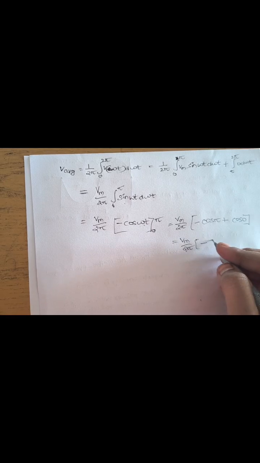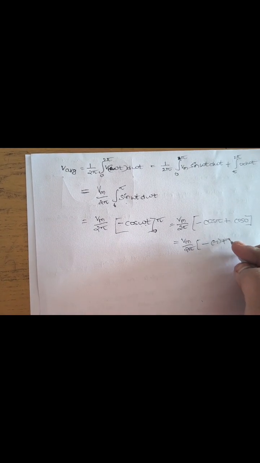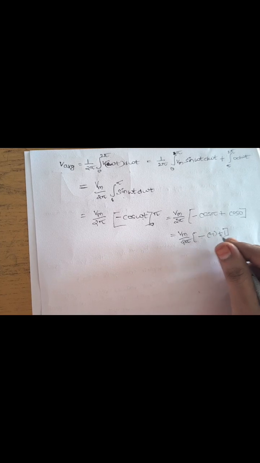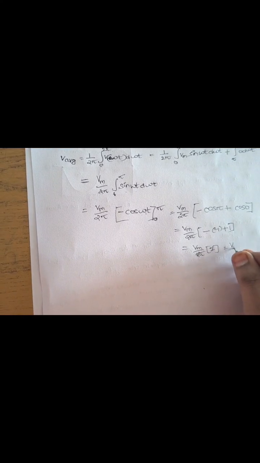Cos pi is minus 1 and cos 0 is 1, so minus into minus plus 1 plus 1 is 2. Vm by 2 pi into 2, the 2s get cancelled. The final answer is Vm by pi. So V average equals Vm by pi.